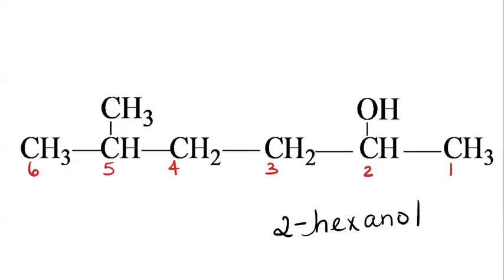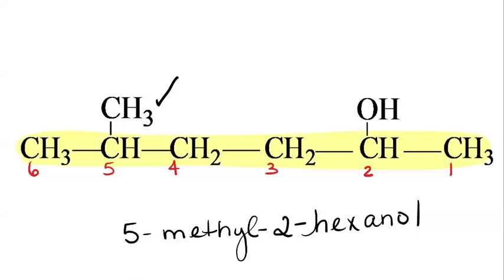In this molecule, if I highlight the parent chain, we only have one substituent on carbon 5, and the location and the name of the substituent is going to be placed as a prefix of the parent chain. So on carbon 5, I have a methyl group.